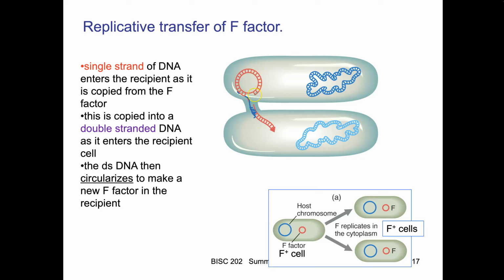But as this rolls around, the donor fills in the nucleotides for the other strand. So the donor keeps one of the strands and then immediately makes double-stranded DNA for the rest of it, and then it feeds one of the strands into the recipient, which makes it double-stranded immediately, and then it circularizes. So it's a very weird process, but it's super efficient, because now both of the cells, the donor and the recipient, have the F factor, so they've both become donor cells.